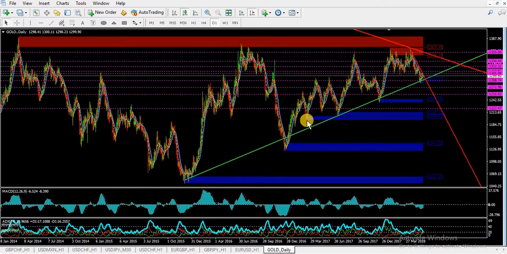We know that this is formulating in a triangle, as you can see. And we know that we were already at a higher point and we went down, bearishly down. Now we know we're looking for an opportunity to buy here. We're looking for opportunities to go up, and that's if this trend is not broken. So basically we know our parameters now.